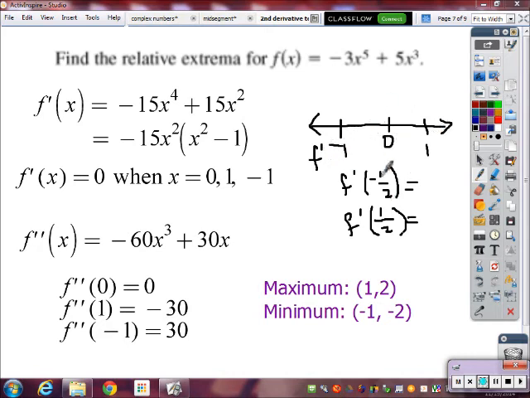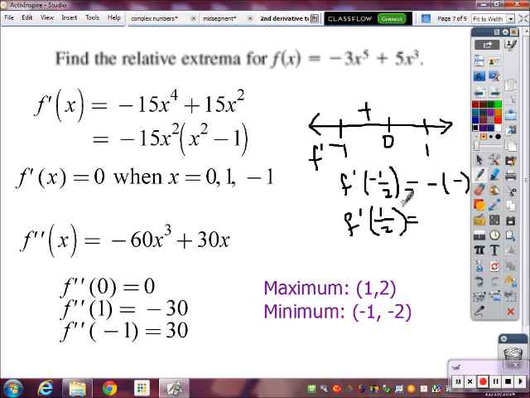So f prime of negative 1/2, looking at the first derivative, would be a negative factor here, and then in parentheses with negative 1/2, I would get positive 1/4 minus 1, which would be negative, so it would come out to be positive.